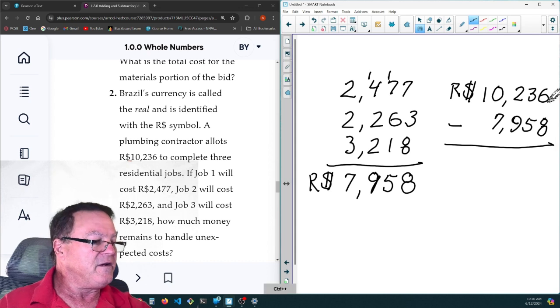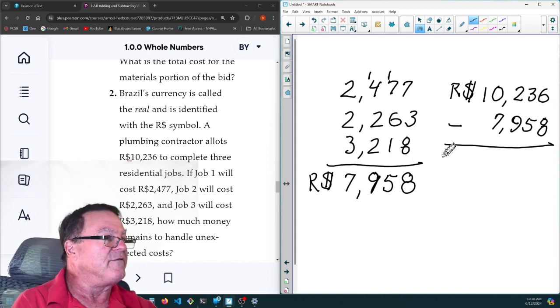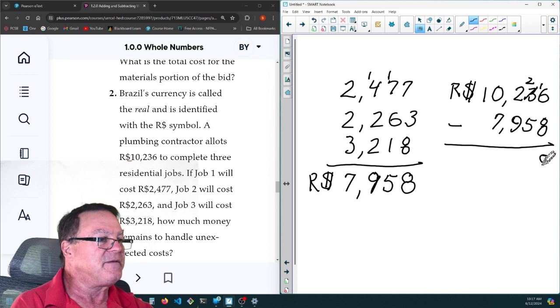And here again, look what we have. 16 minus 8, because the 6, you cannot subtract 8 from 6, so we're going to change this 3 to a 2. We're going to borrow one of my 10s and put it over the ones column. So 16 minus 8 is 8.